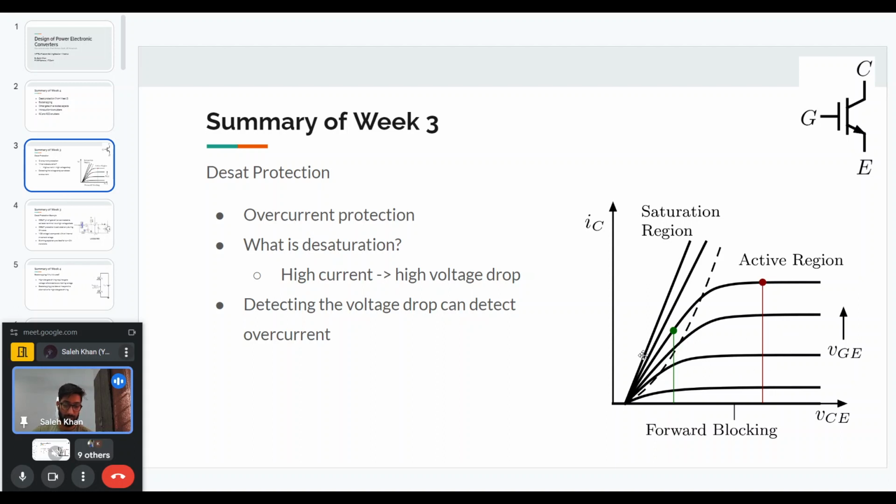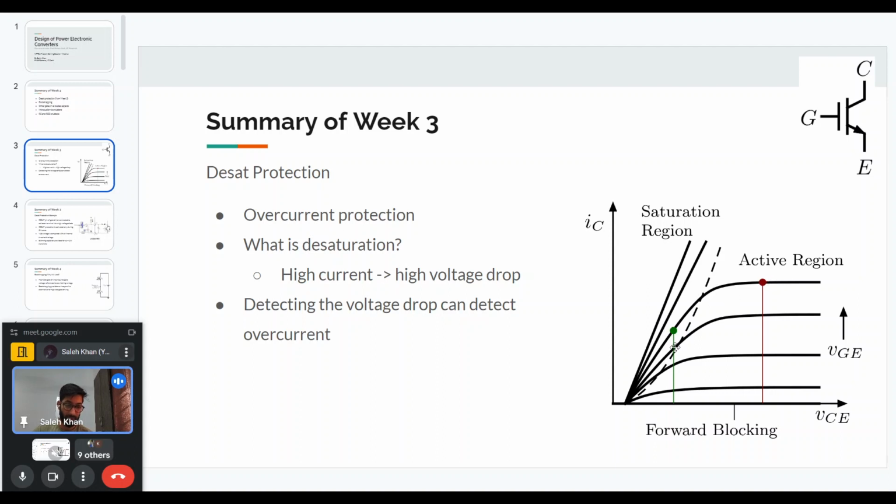But what happens in the case of very high currents, which happens in case of a fault or some short circuit? If we have a particular VGE, as the current increases, the voltage drop across the device, the VCE drop, also increases. And in fact, it goes from the saturation region to the active region.